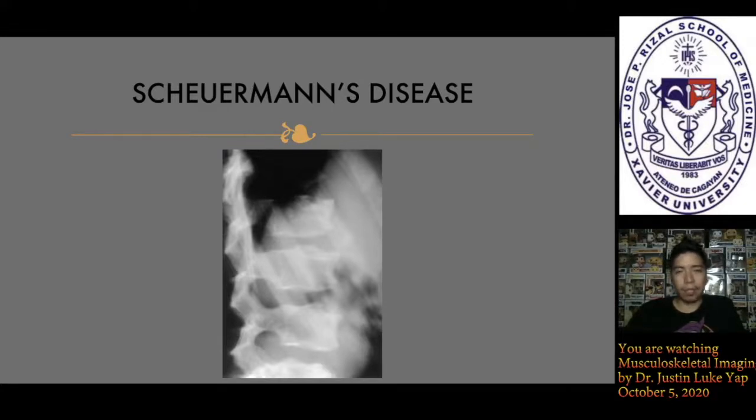Remember that the features may overlap, but what's important is that you're able to identify which one is more evident or more suited in your case. Usually, all of these cases will have joint space narrowing, so you have to look at the other features to help you diagnose these cases.